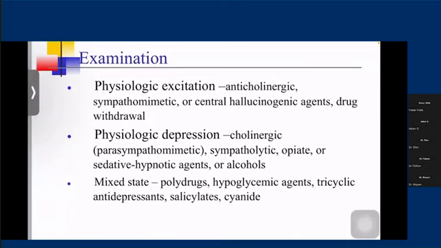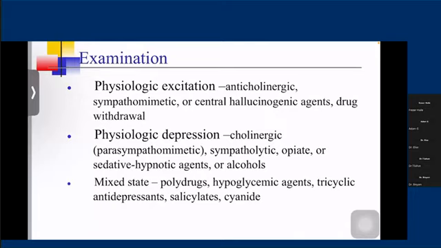On other examination, there are some agents which can cause physiologic excitation. These are anticholinergic, sympathomimetic, or hallucinogenic agents, and it can also be because of drug withdrawal. So this patient can present with physiologic excitation, being tachycardic, hypertensive, and hyperthermic, and can also be agitated.